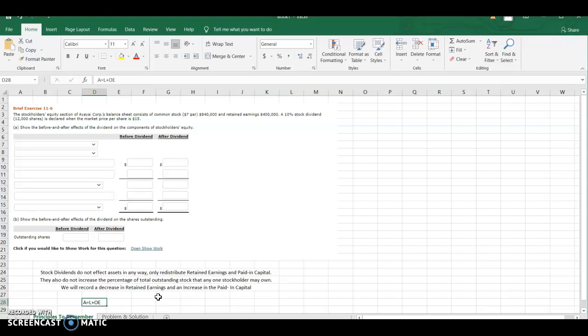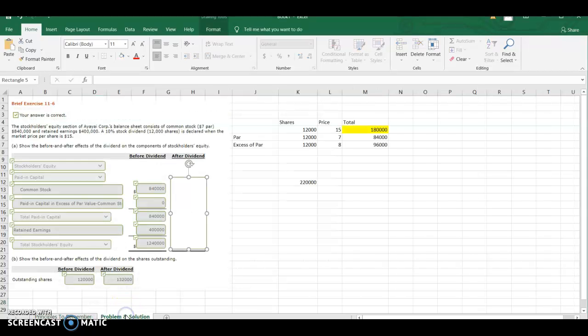It doesn't satisfy you, it doesn't change anything, but you technically now have two slices of pie. We do not increase the percentage of total outstanding stock that one stockholder owns. So if someone has 2% of a particular company, they stay at that same percentage.